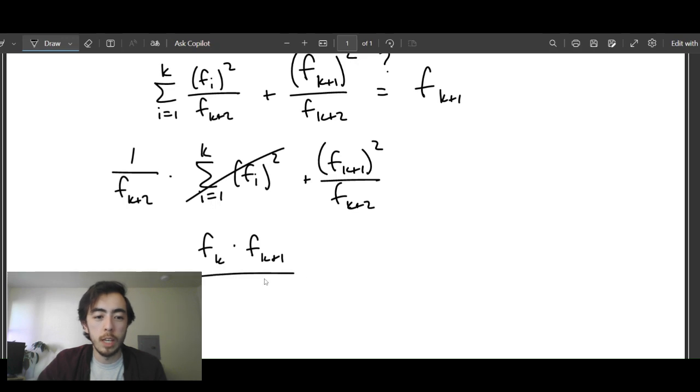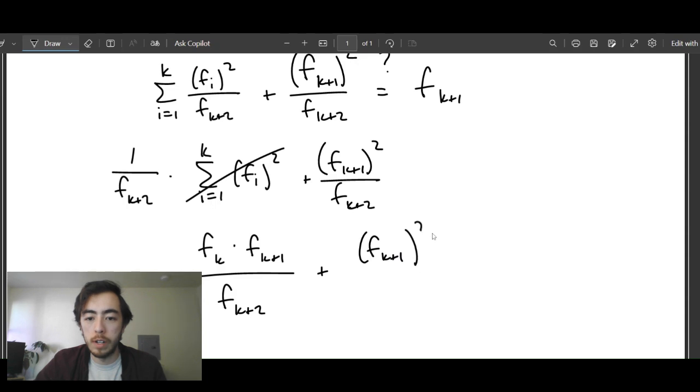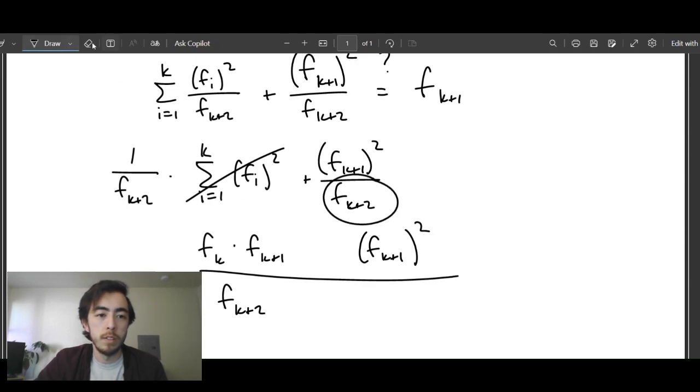I guess I'll just keep this f sub k plus 2 down here. And then let's just keep the same thing going over here. So it looks like I have the same denominator, so might as well just share it. See how the denominator is still f sub k plus 2.